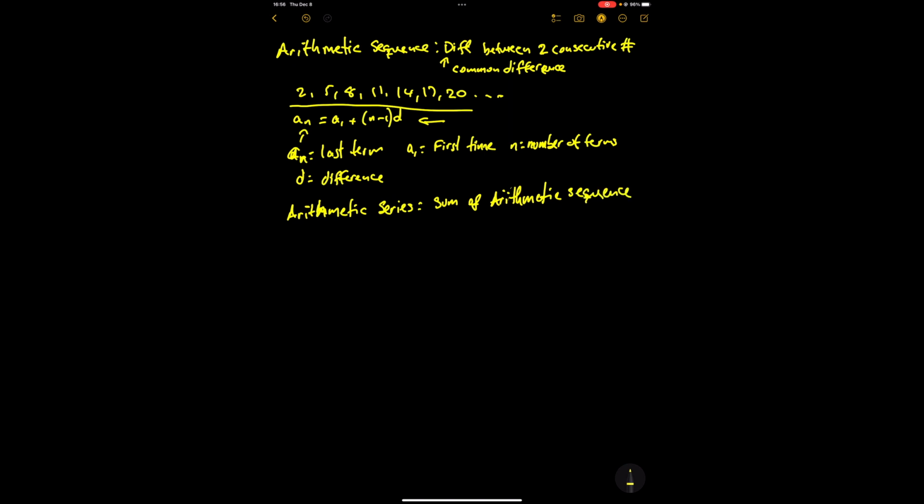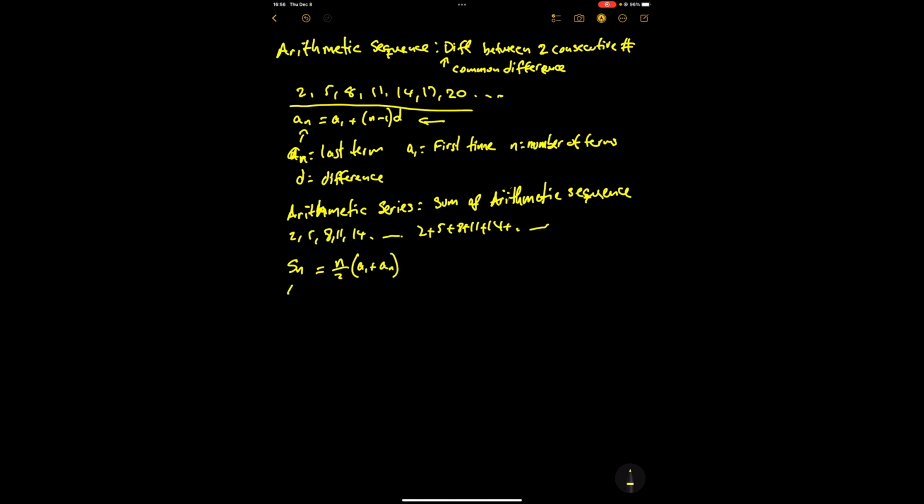So instead of having 2, 5, 8, 11, 14, etc., we have 2 plus 5 plus 8 plus 11 plus 14 plus whatever else. That's called an arithmetic series. The formula for an arithmetic series is S sub n equals n over 2 times a sub 1 plus a sub n.